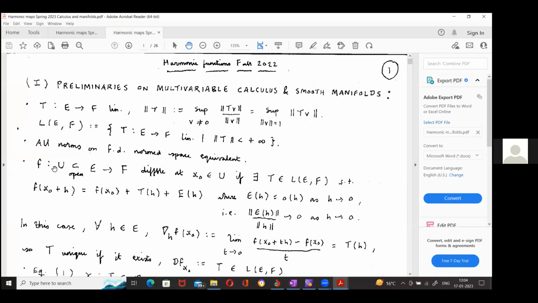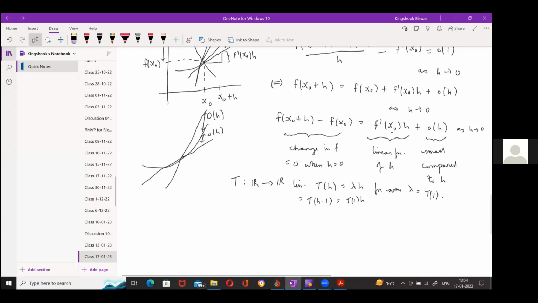If f is now a map on an open subset U of a normed vector space E, taking values in a normed vector space F, then we will say that it is differentiable at a point x naught in U if there exists a bounded linear map T from E to F such that we have this formula here, which you can think of as a first order Taylor formula for f.